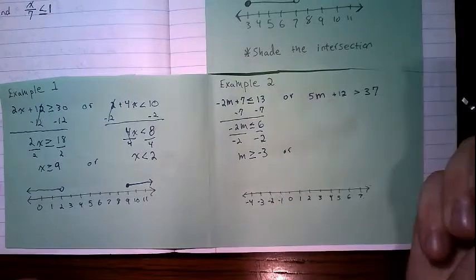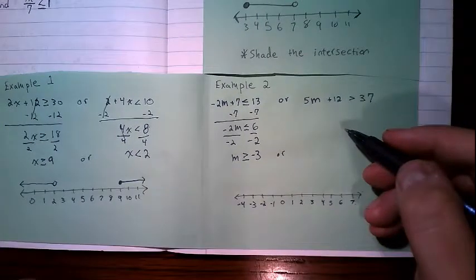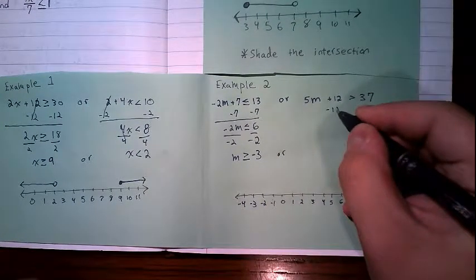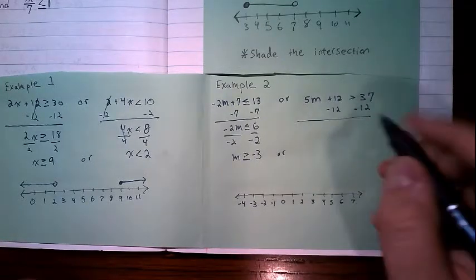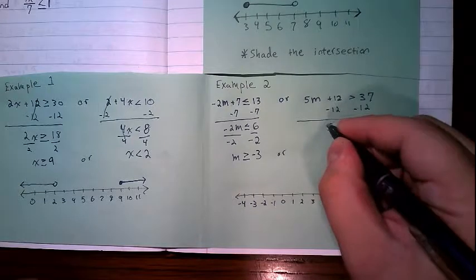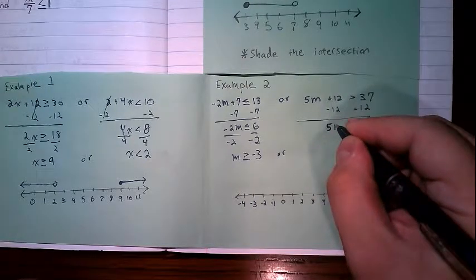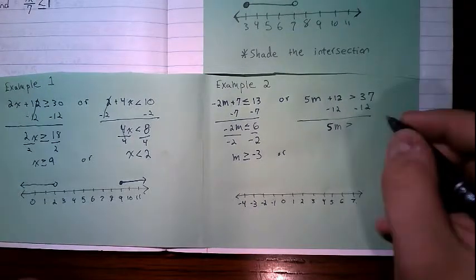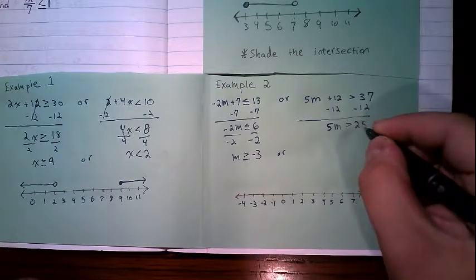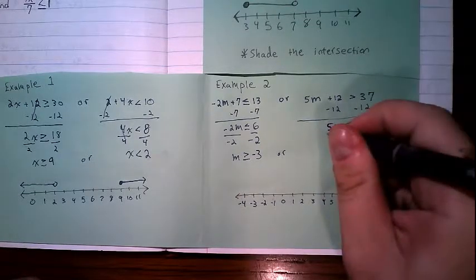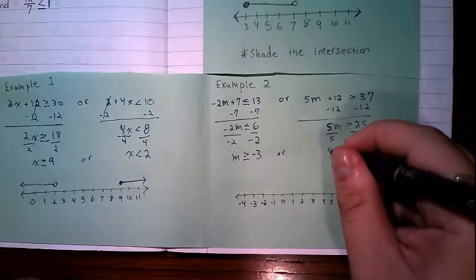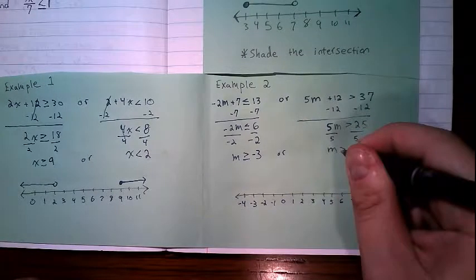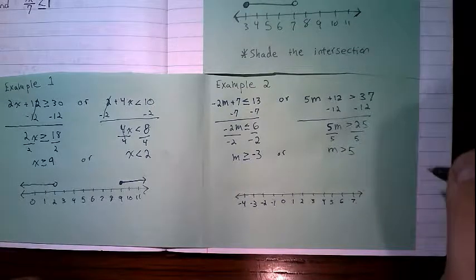Or, let's go over here. Subtract 12 from both sides. I'm left with 5m is greater than 25. Divide both sides by 5. And I've got m is greater than 5.